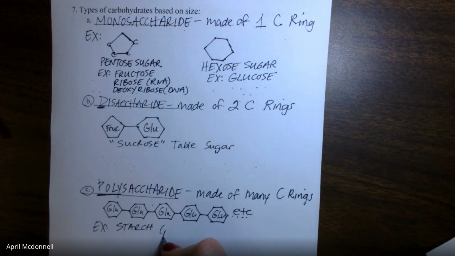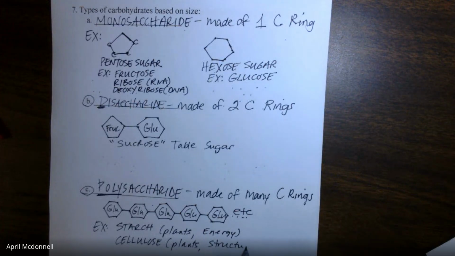This is made by plants and can be broken down for energy. Another example is cellulose, which is also made by plants, but serves as structural support and is found in the cell walls of plant organisms.